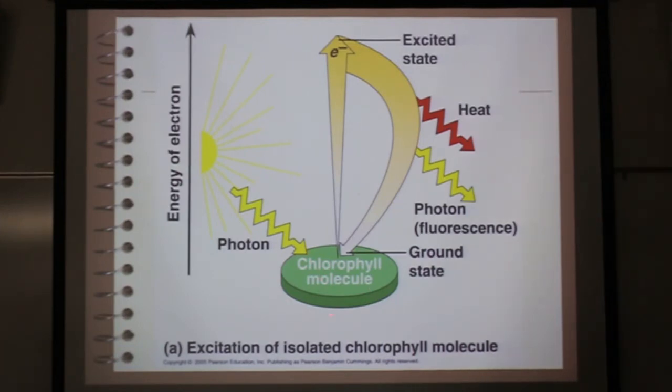And what happens in the case of chlorophyll is that when a photon of light hits it, it pushes an electron to a high energy state in that molecule. Now in this picture they show it sort of shooting up in the air, and it's not really that it jumps up in the air, but rather it's at a high energy state.